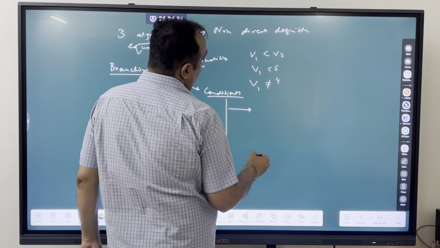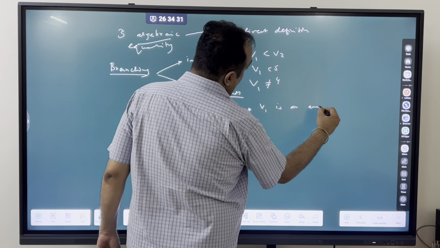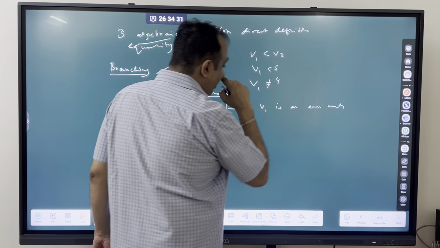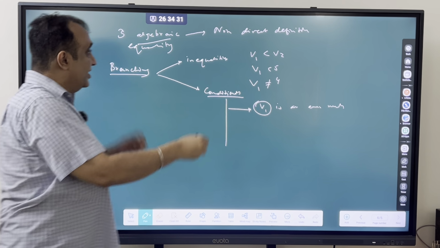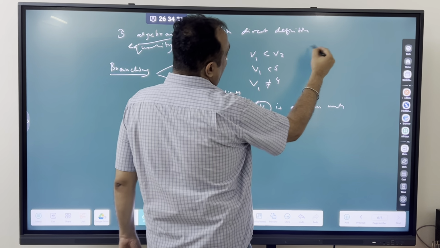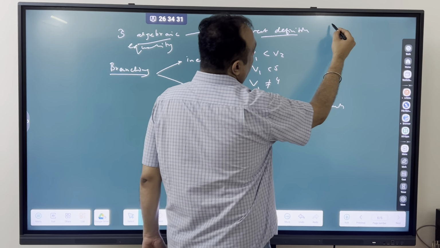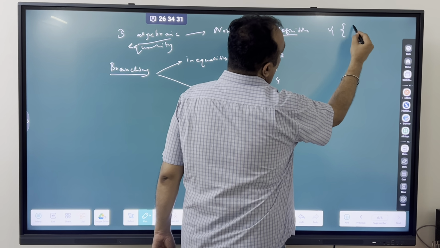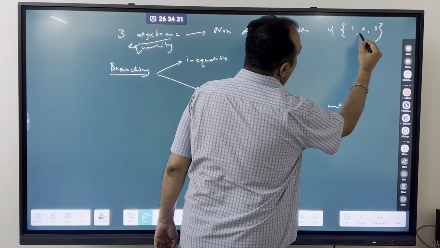I say V1 is an even number, so I'm restricting the value of V1 to even numbers. When I start solving for V1, V2, V3, I get some degree of freedom, and because of some constraints, the possible values for V1 are, let's say, 1, 2 and 3. Then I get a condition that V1 is an even number. Now I know that V1 is definitely 2.